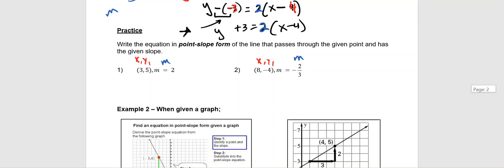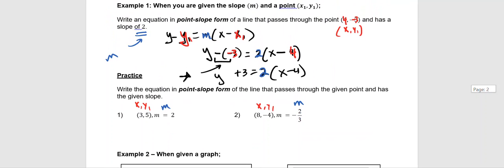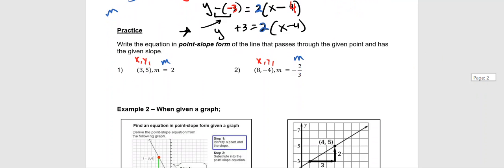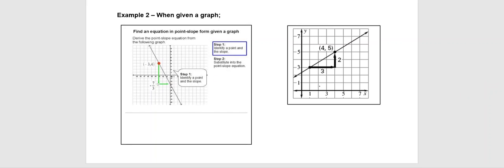Okay. The other way, if we're not going to be given the information explicitly by way of an ordered pair and the slope, the other way that information can be provided to us is by way of a graph. So I'm going to use this example right here as a way of extracting the slope, extracting the x1, y1, and quickly writing my equation.